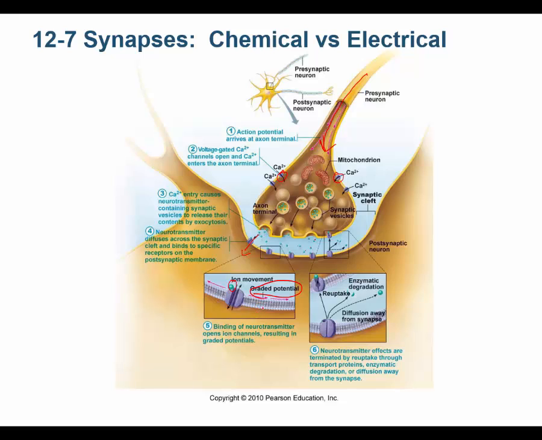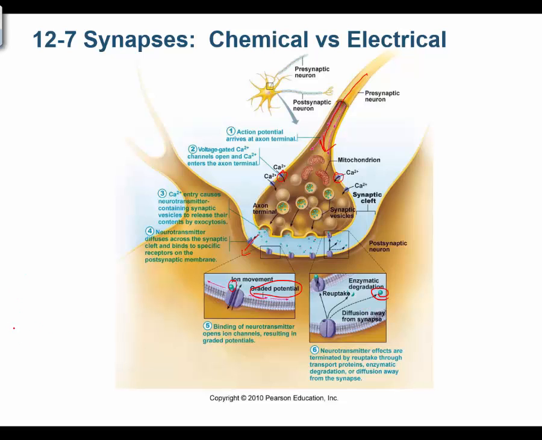Now, before we go into talking about how these graded potentials are all added up, summed, let's just talk about what has to happen in the synaptic cleft and the presynaptic neuron before we talk about the postsynaptic neuron. Well, we got to remove this neurotransmitter. And there's a couple ways to remove this neurotransmitter. One is to break it down by an enzyme, like acetylcholinesterase breaks down acetylcholine.